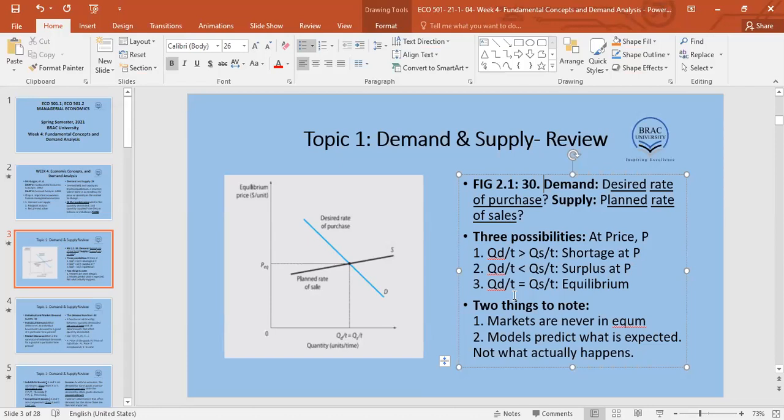We emphasized rationality as a situation where we expect buyers to behave like this, we expect sellers to behave like this once they find themselves in a particular environment. So markets are never in equilibrium. But what we want to see is how well our models can predict behavior.